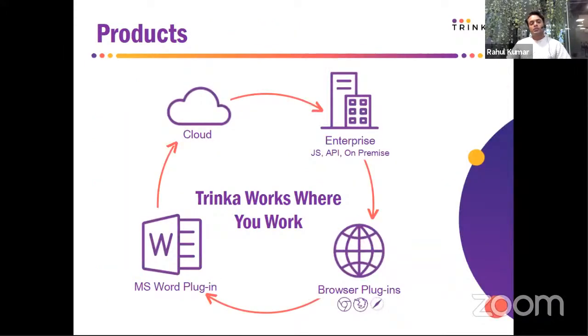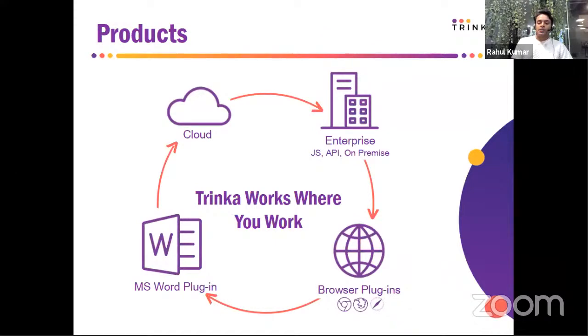Before we move on to the demonstration, a quick understanding of where Trinka is available. For all the authors and academic writers, Trinka is available as a web application on the cloud, which is www.trinka.ai. We also have an MS Word plugin, which enables you to get the benefits of Trinka's grammar suggestions right within Word's familiar writing environment.